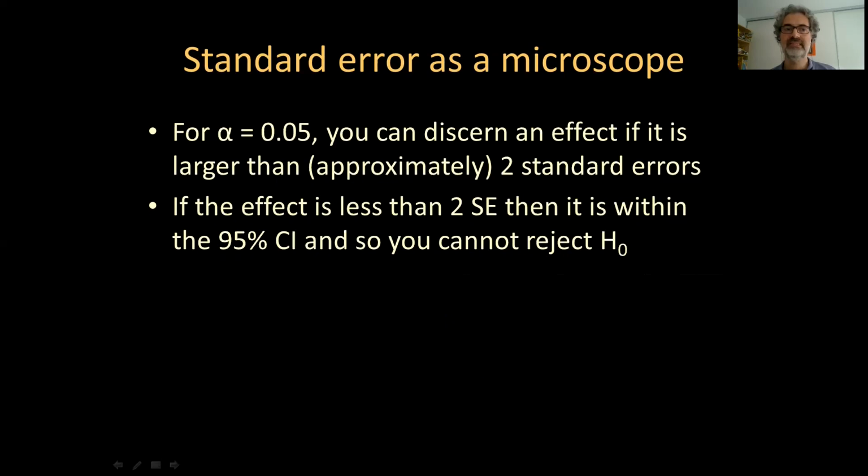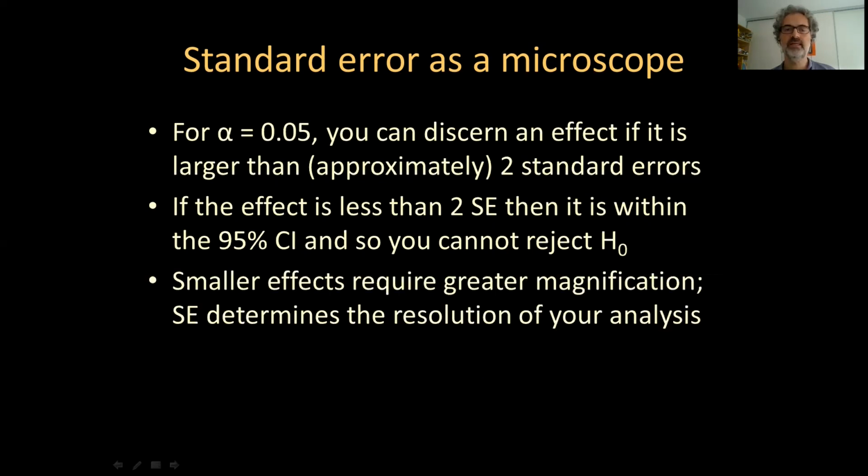If the effect is less than 2 standard errors, then it will lie within the 95% confidence interval, and so you will not be able to reject the null hypothesis, even if the effect is reliable in the population.